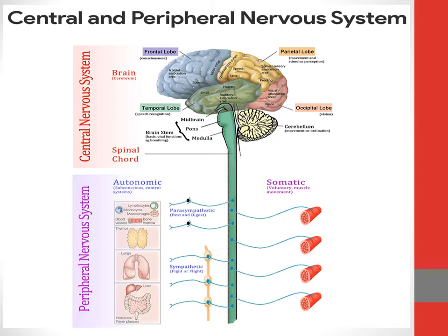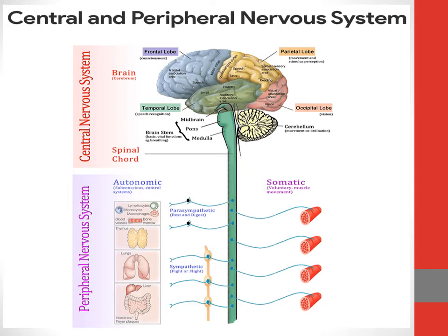The parietal lobe is also involved in body orientation. There's also an area for interpretation of reading and interpretation of taste. Okay. The occipital lobe, well, that's mainly going to be involved in vision.